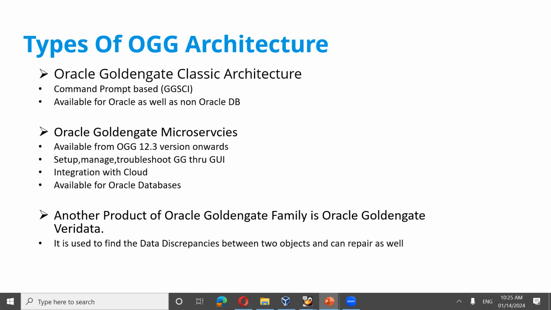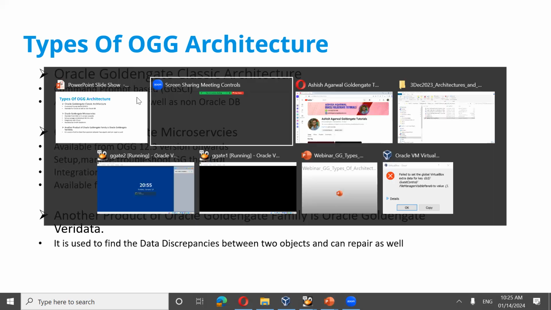From 2009 to 2017, there was only one way to configure Goldengate and that was through the command prompt, GGSCI. In 2017, Oracle renamed it to Classic Architecture. Classic Architecture is available for Oracle as well as non-Oracle databases, and it allows you to set up, manage, and troubleshoot Goldengate through the GGSCI command prompt.